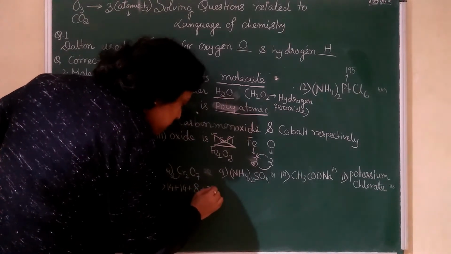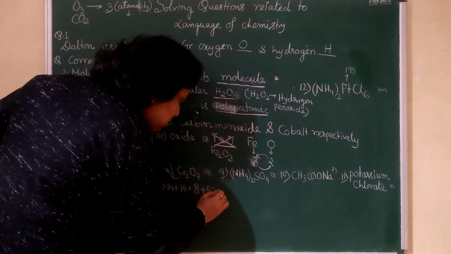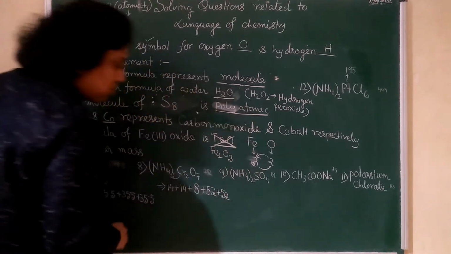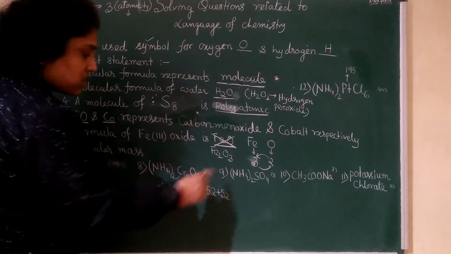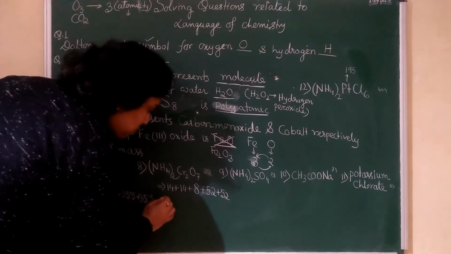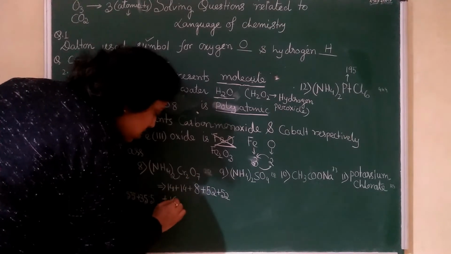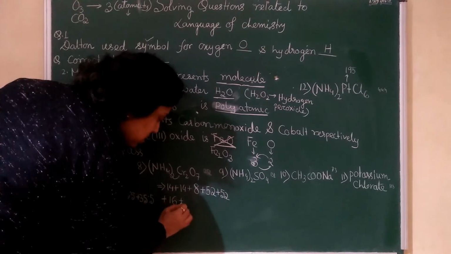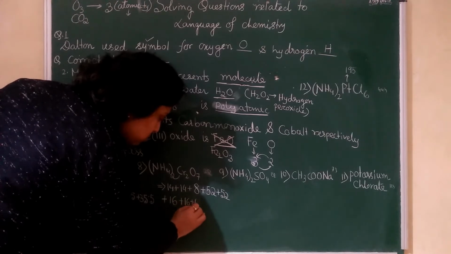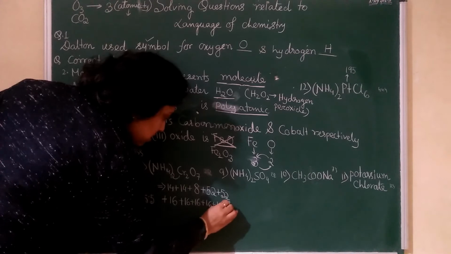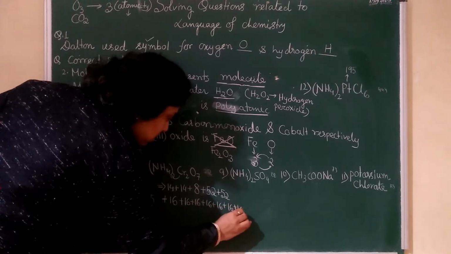And 52 will be 2 times, so 52, 52. And in the same way oxygen 7 times. So plus oxygen, 16 is 1 oxygen, then 7 oxygen is there. So 1, 2, 3, 4, 5, 6, 7.